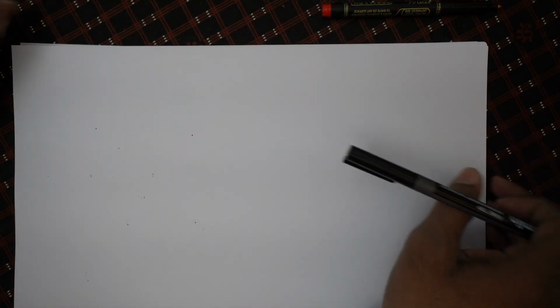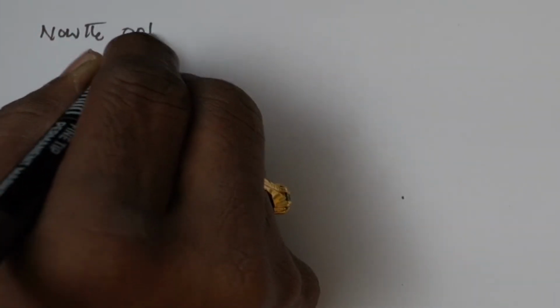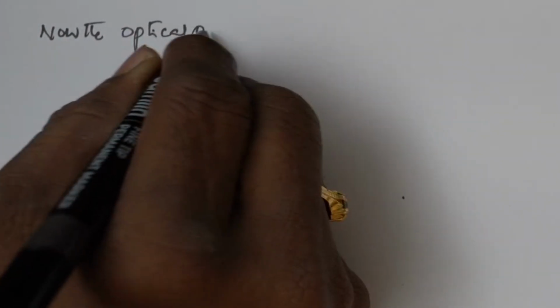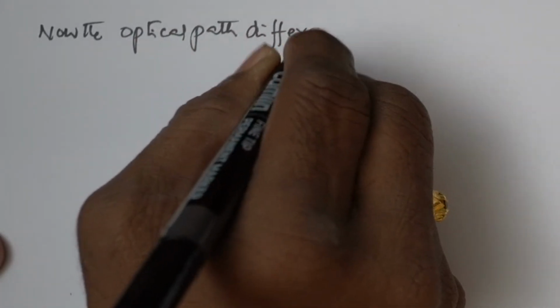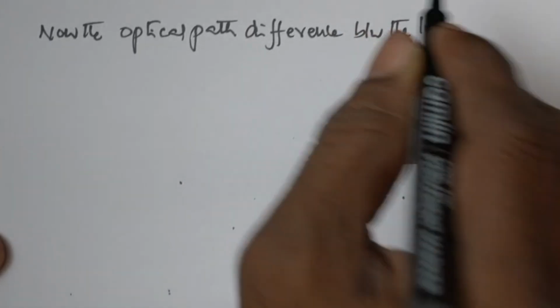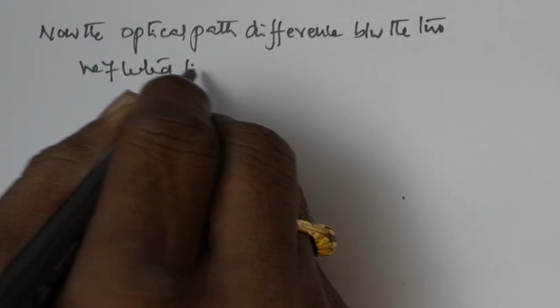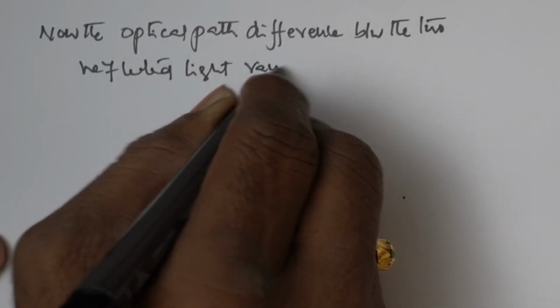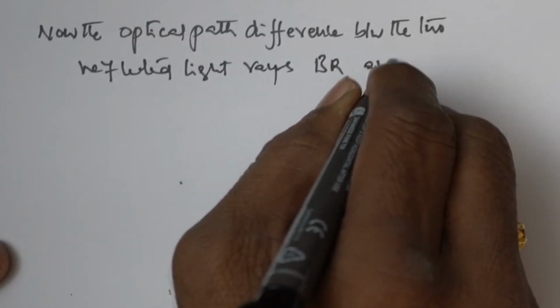How to find the optical path difference of the two reflected light rays? I am writing here. Now, the optical path difference between the two reflected light rays. What are those two light rays? We consider BR and DR1.